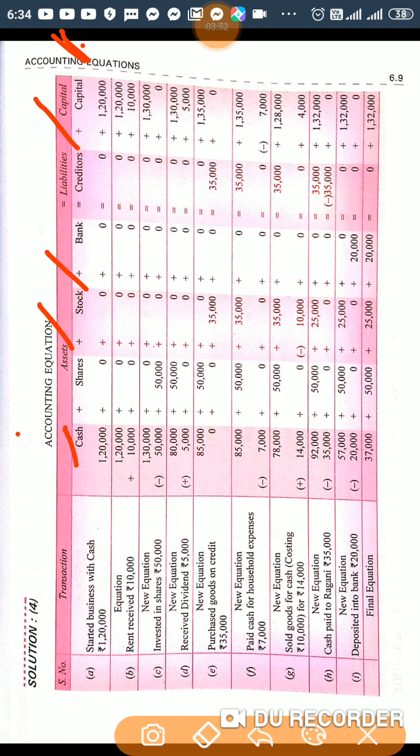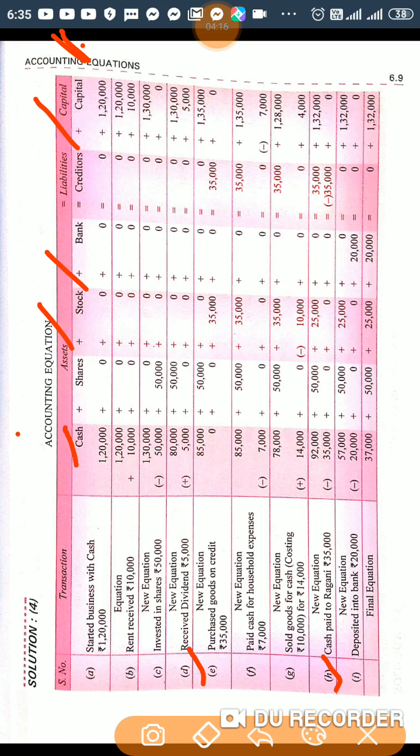So Ragini, it was this transaction, purchase goods on credit, although name was not mentioned. Now it is said cash paid to Ragini, that is, that creditor name is Ragini. So cash is involved and creditor is involved. Creditor is already mentioned here, cash is also mentioned here.